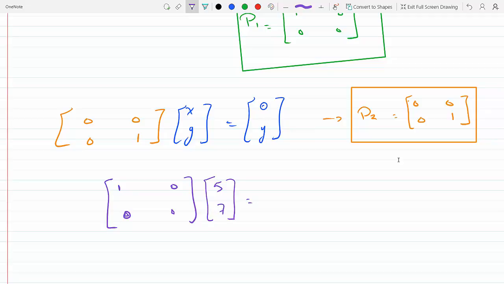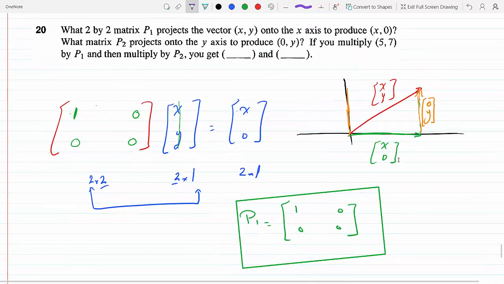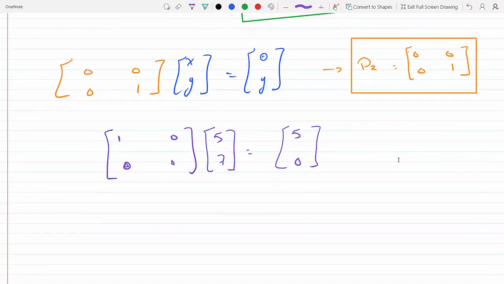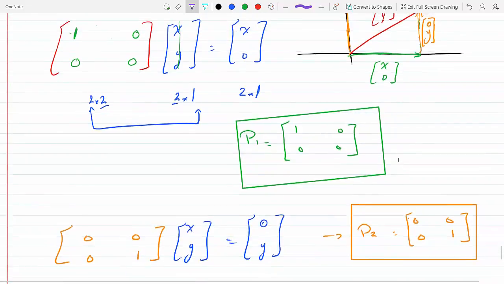And here of course, what would I get? Well, if you apply that, what this does is it gets you the x component of the vector, so you're supposed to get 5 0, because that's the x component, and you do. You get 5 plus 0 times 7 is 5, and 0, so you get this. And then if I go ahead and multiply by P2, I would get 5 0 multiplied by 0 0 0 1.